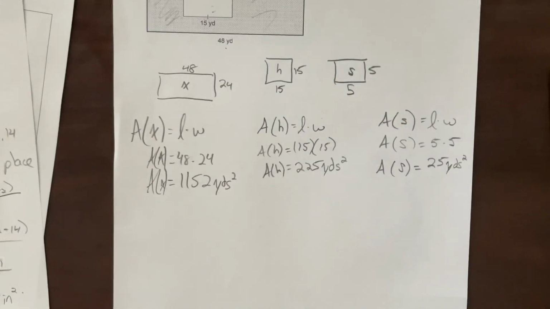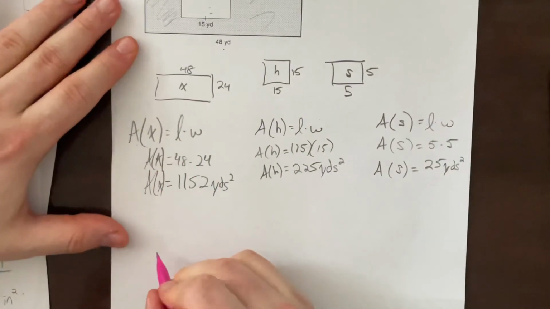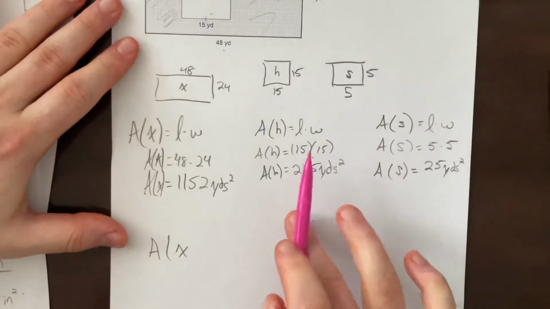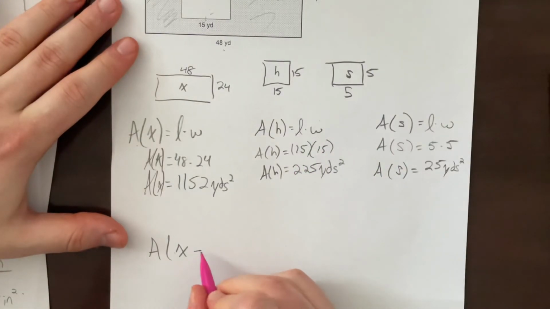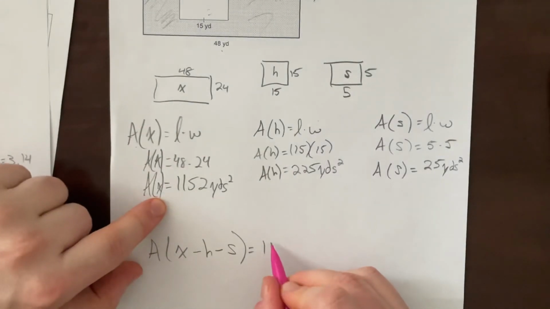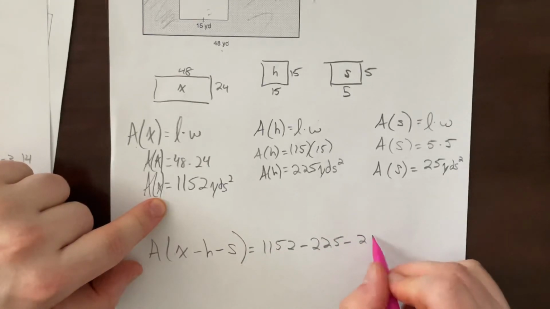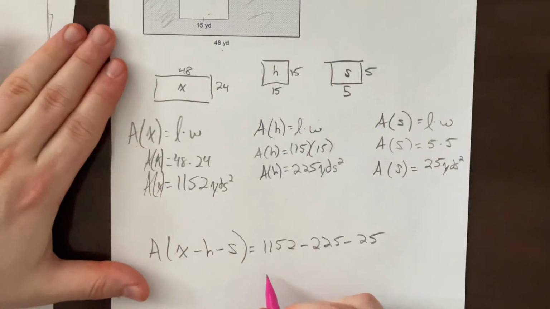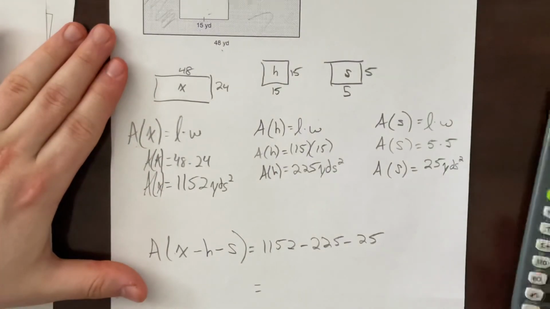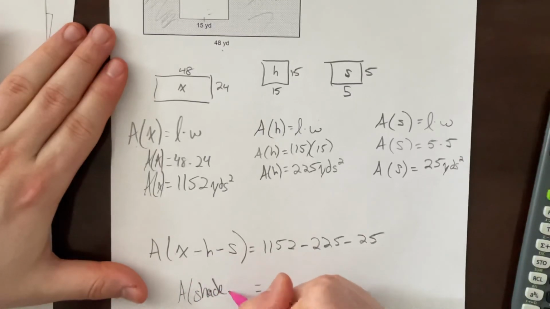Are you done? Never. Are you close? Absolutely. So we said we need to take our large rectangle, so we have the area of X, and we now need to subtract those two smaller ones. So we're going to say minus H minus S. So 1,152 minus 225 minus that 25 gives us our area of the shaded region.